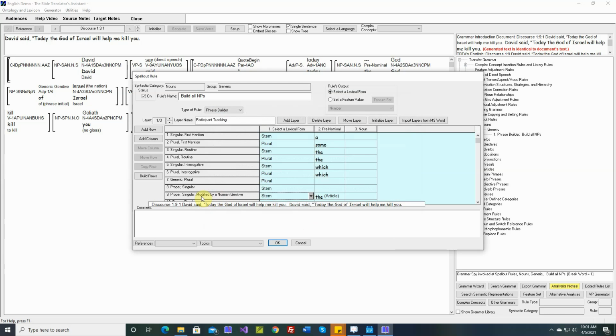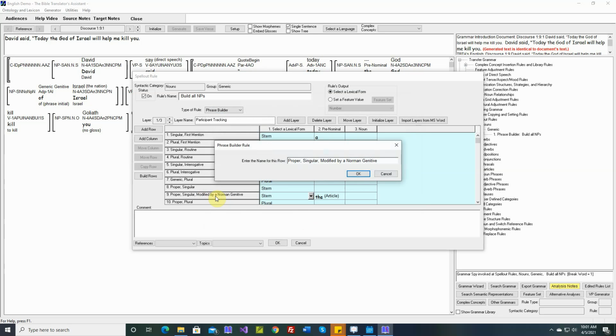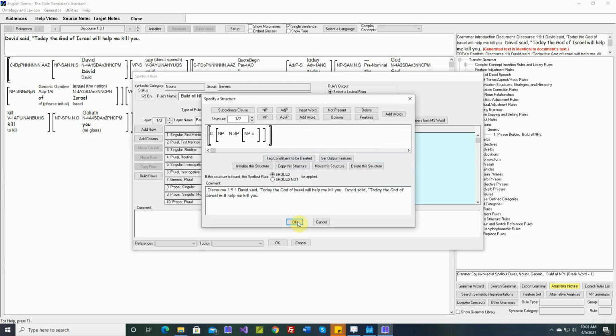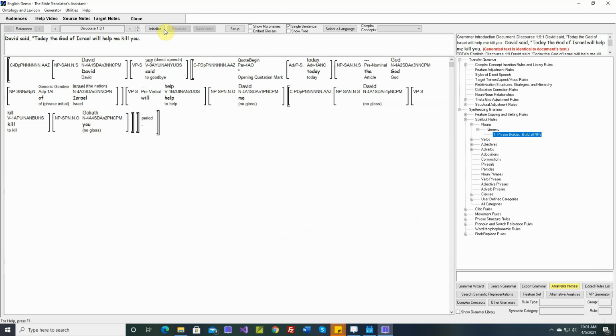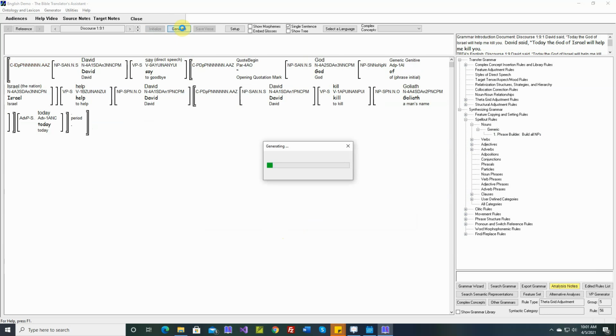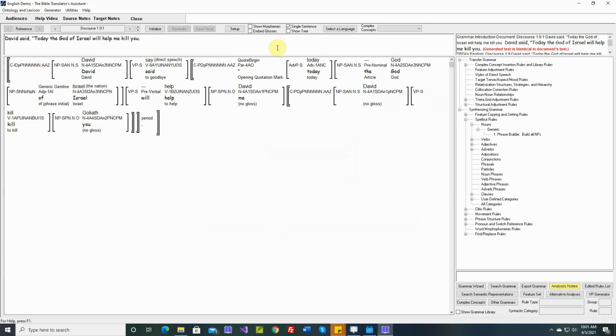And to do that, we should say proper singular, let's just say modified. Modified by a phrase or clause. Okay, so that sentence is done.